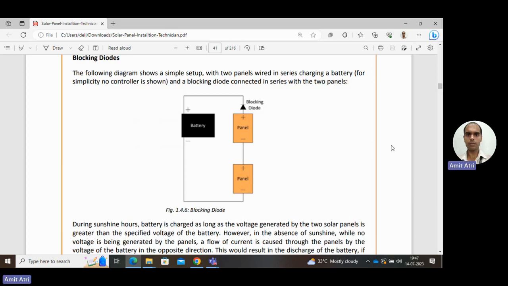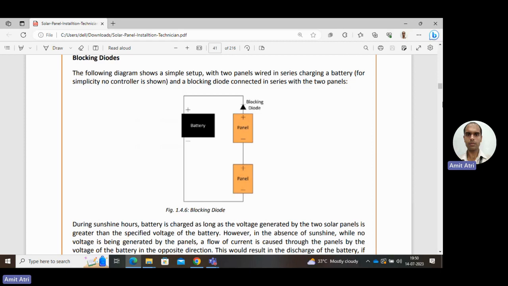When current is flowing from the panel to the battery, the positive terminal of the panel is connected to the P side of the diode, and after that it is connected to the positive terminal of the battery. Means when the panel is producing electricity, the current flows out from the panel, through the blocking diode, and goes to the battery and charges it.